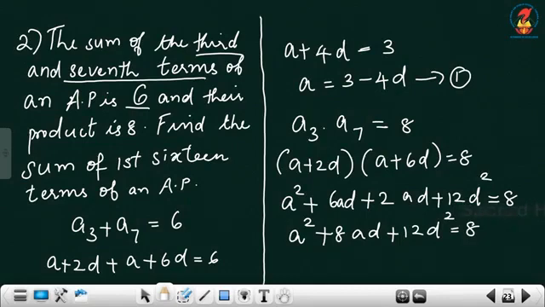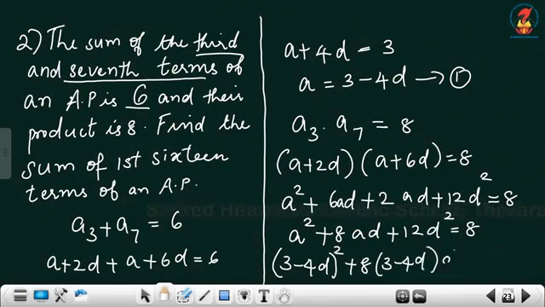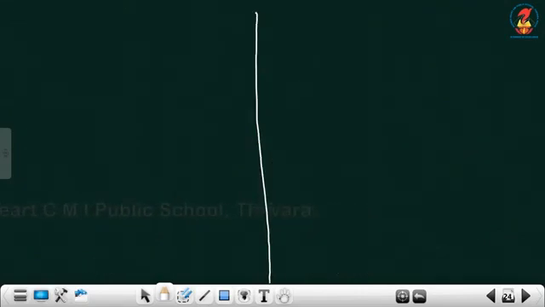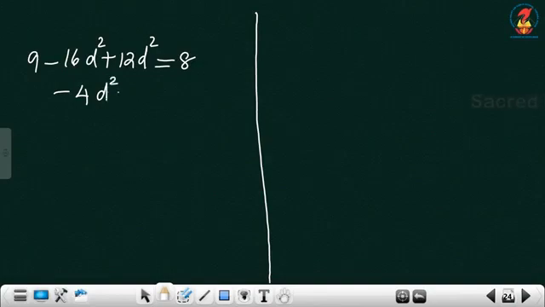So instead of a, we can give 3 minus 4d. (3 minus 4d) whole square plus 8 into (3 minus 4d) into d plus 12d square is equal to 8. So we are getting an equation in d square, which is 9 minus 16d square plus 12d square is equal to 8. So it is minus 4d square is equal to minus 1.